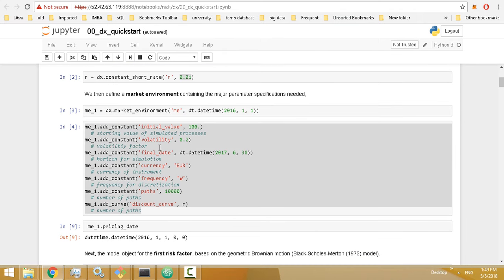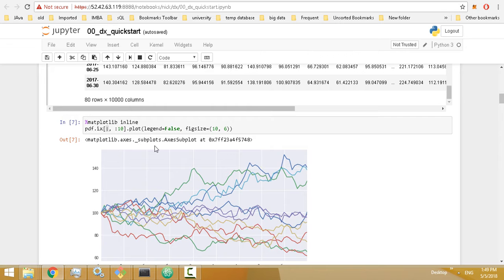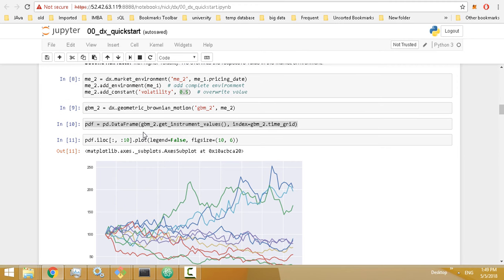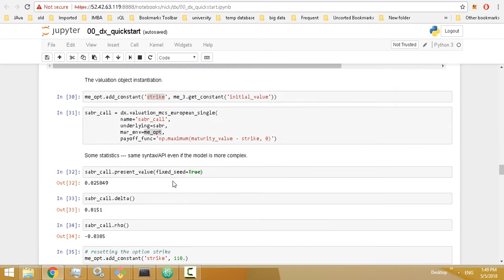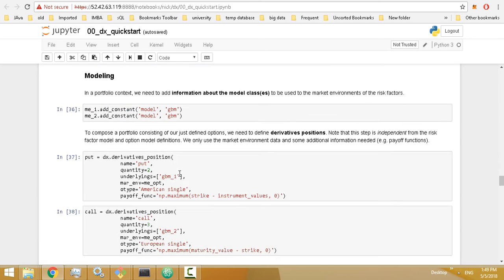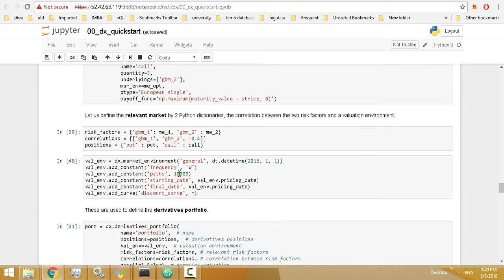This was market environment 1, and in market environment 2 we had increased the volatility to 50%. So market environment 2 was more volatile. These are the two market environments: a less volatile one and a more volatile one.